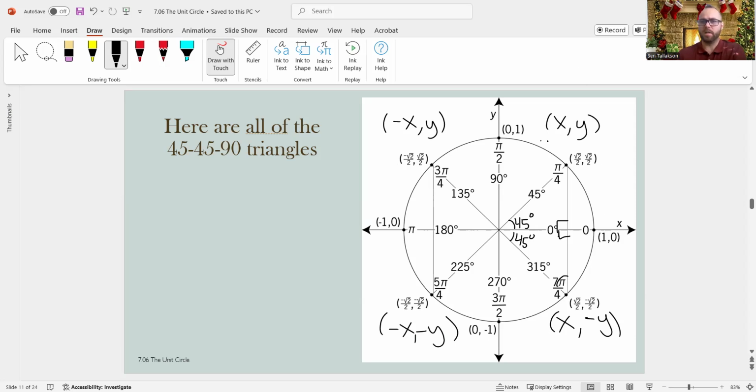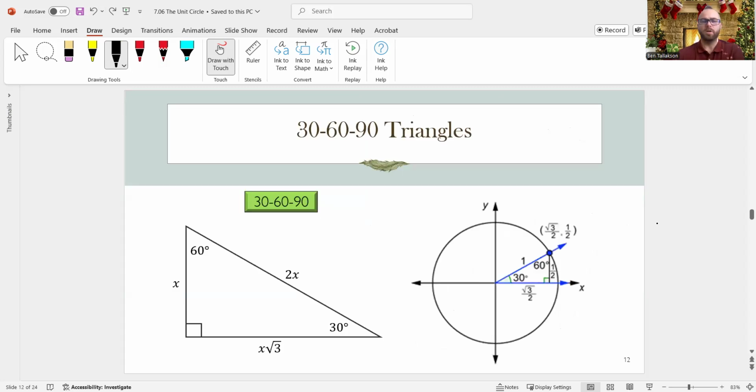This also means that sine and cosine will always be positive in quadrant 1. Sine will be positive in quadrant 2. Neither will be positive in quadrant 3, and then cosine is positive in quadrant 4. You will be asked questions about that, but I have a more visual diagram for you on that in just a moment.